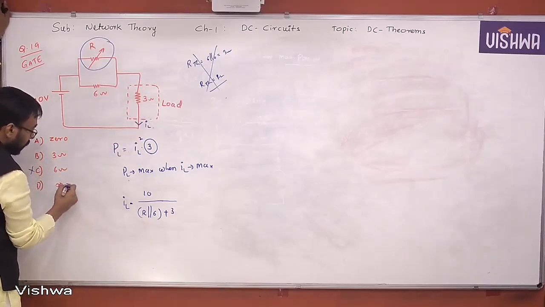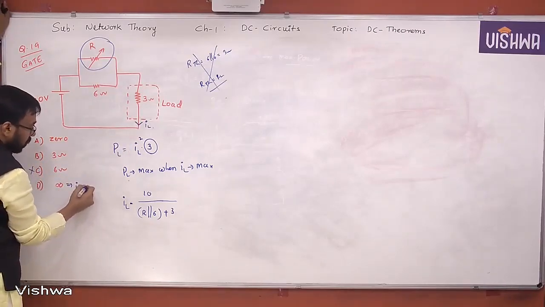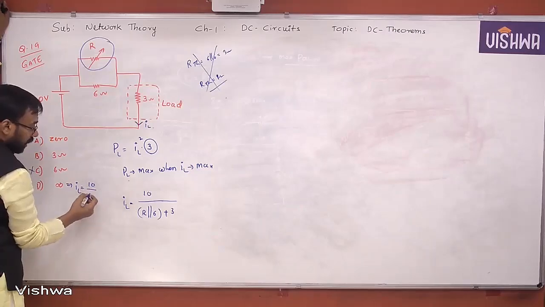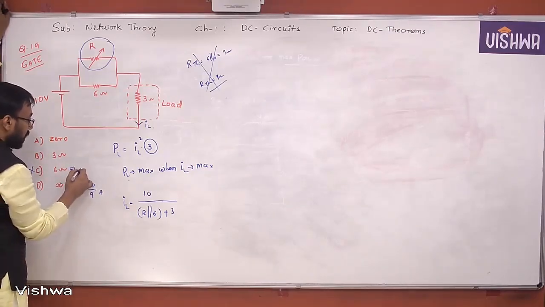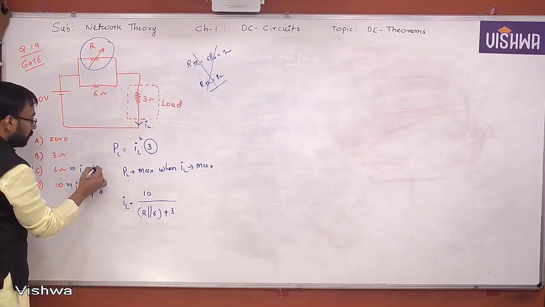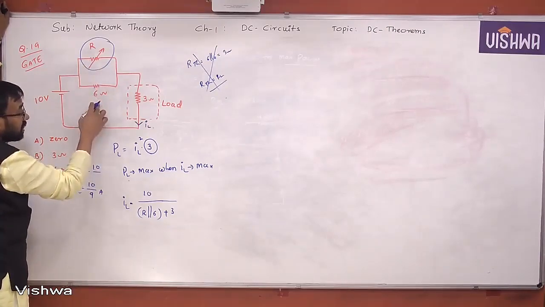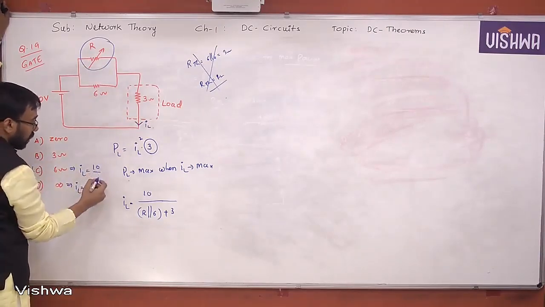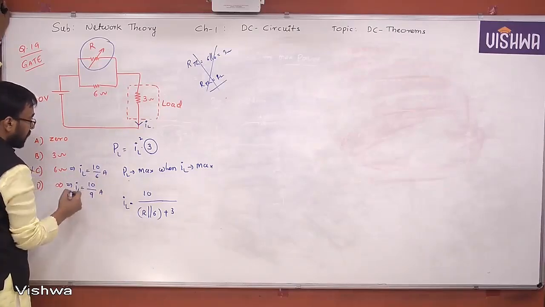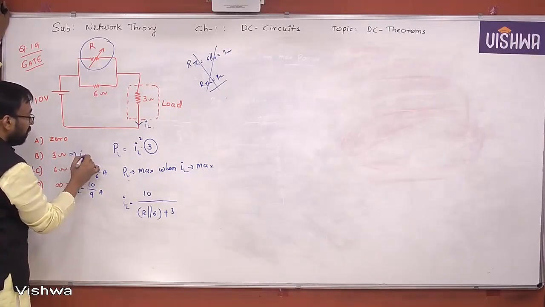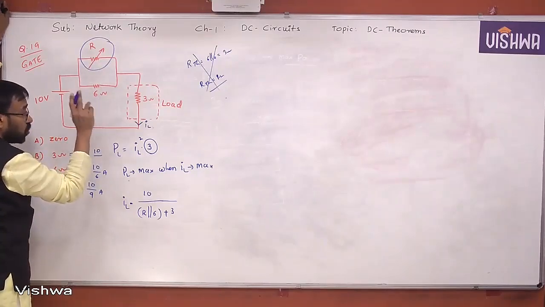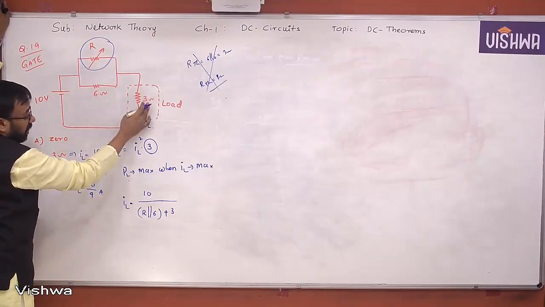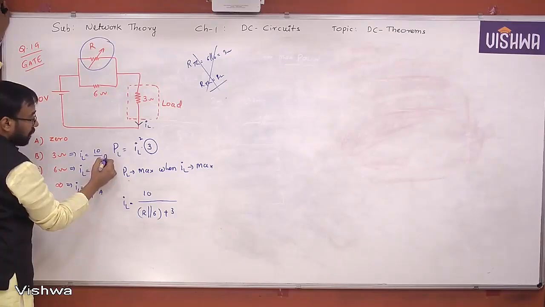The current is 10 by 6 plus 3, that is 10 by 9 ampere. Here IL will be 10 by 6 parallel 6, that is 3, plus 3, so 10 by 6 ampere. Here IL will be 10 by 3 parallel 6, that is 2, plus 3, so 10 by 5 ampere.